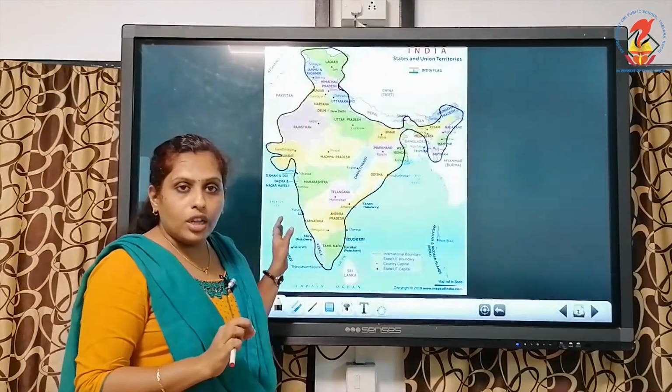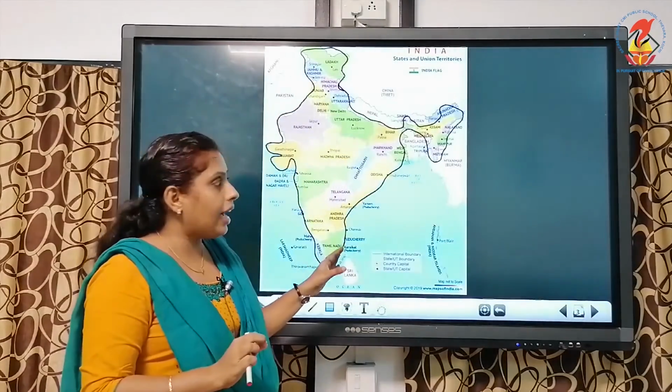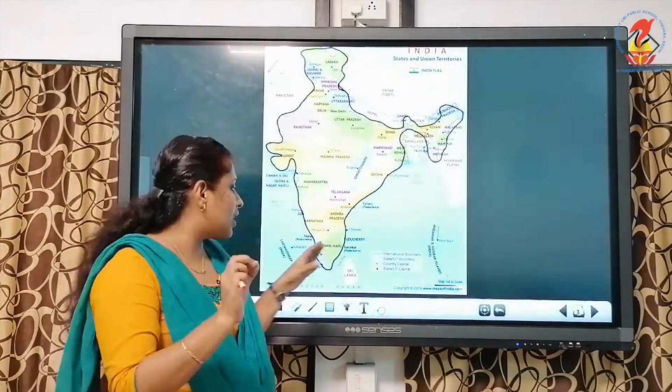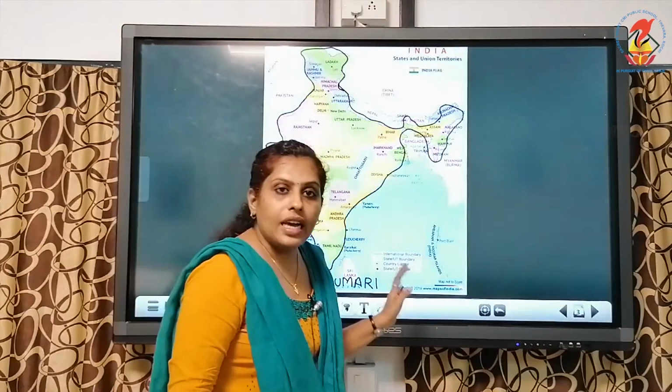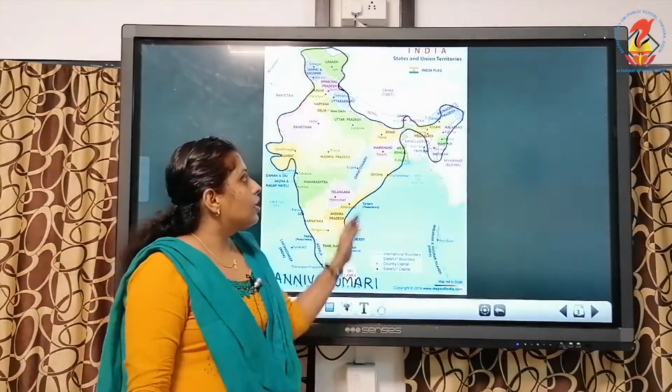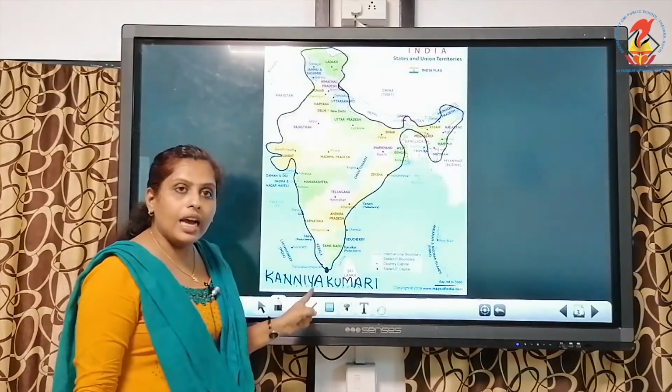We are not including the water bodies or the islands here. So this is considered the mainland. In this mainland, we have a southernmost tip, and we are naming it Kanyakumari. So the southernmost tip of the mainland is Kanyakumari.